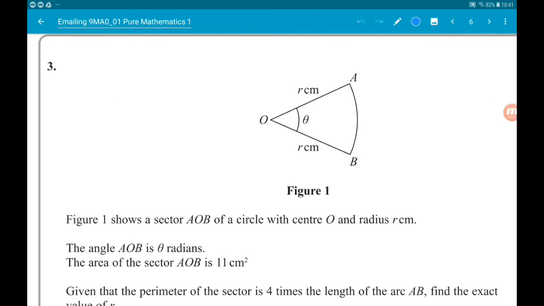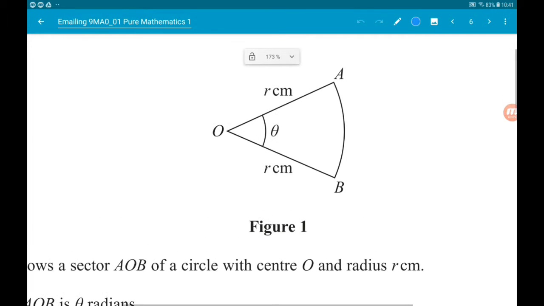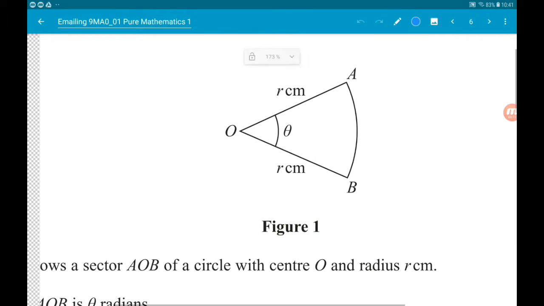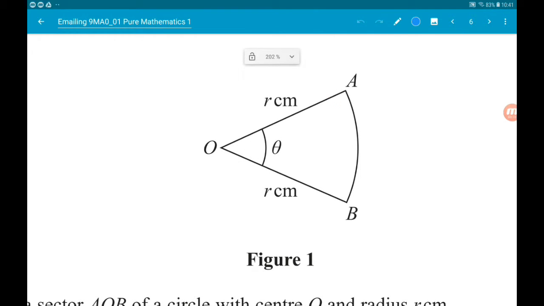Okay, question 3, we have a sector. So the sector is a sector of a circle with radius r centimeters, center O, and the angle is theta radians.